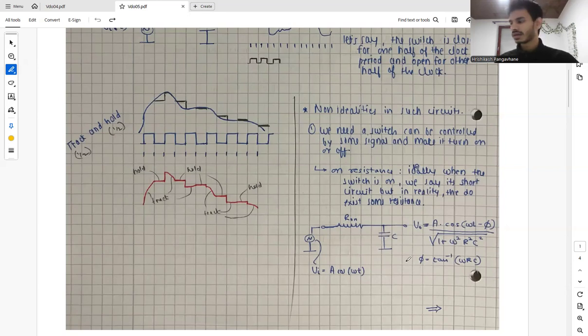So this is the non-ideality we are talking about. Ideally, we were expecting the output to be A cos omega t, because this is the input. But then we are again left with non-idealities, which is a phase lag of phi, and in the denominator we have this term due to the RC node.